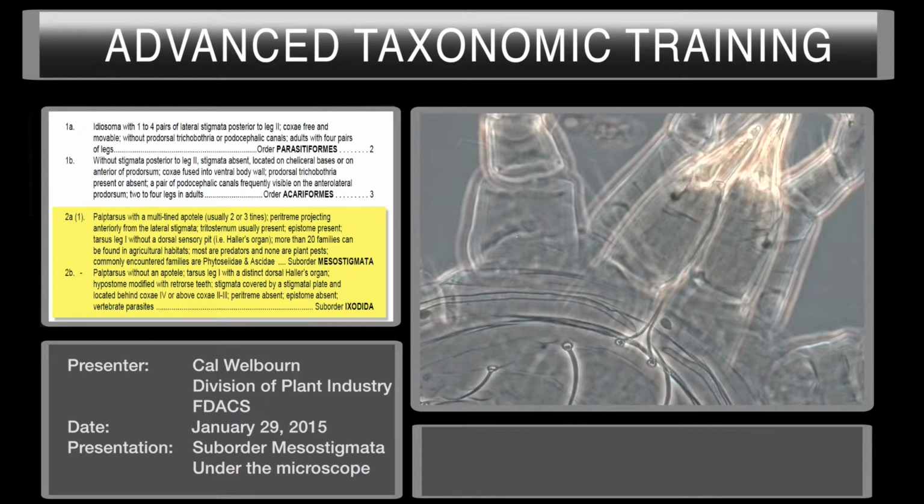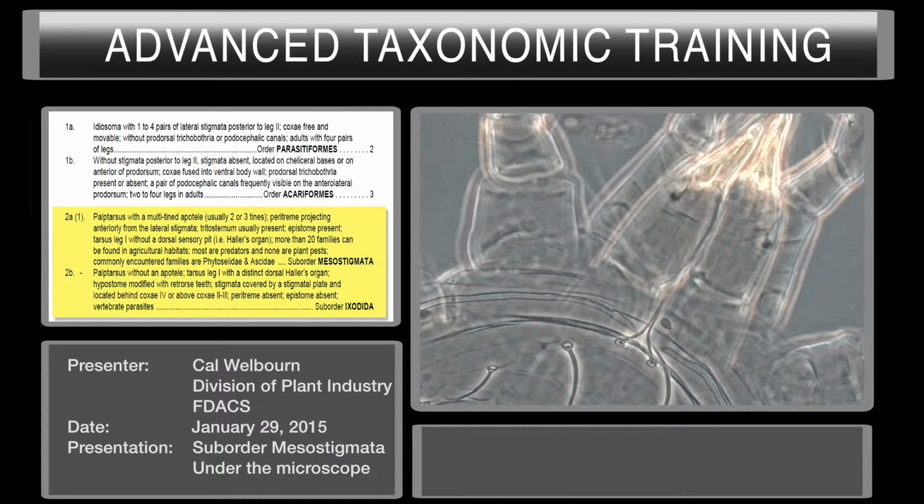The hardest character to see in this couplet is the epistome. If it's clear, it's good. But I would have to say most of the time, it's very difficult to see. But it is a good character. Also in phytoseiids, it's frequently very difficult to see. So we can't tell for sure about the epistome.